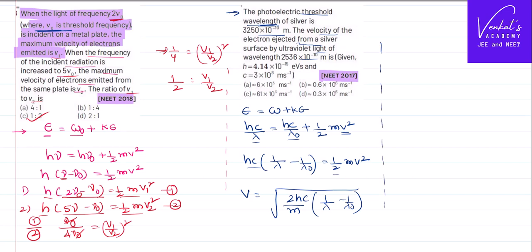Now I can substitute all these parameters. V can be written as square root of, h is Planck's constant 6.6 into 10 power minus 34. C is the velocity of light, 3 into 10 power 8 meter per second. m is the mass of electron, 9.1 into 10 power minus 31 kilogram, and then 1 by lambda.